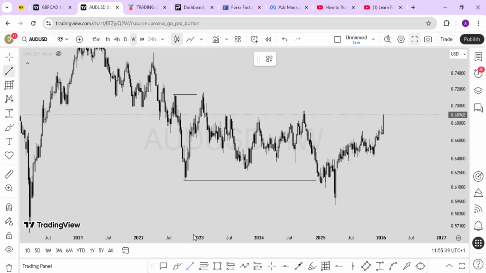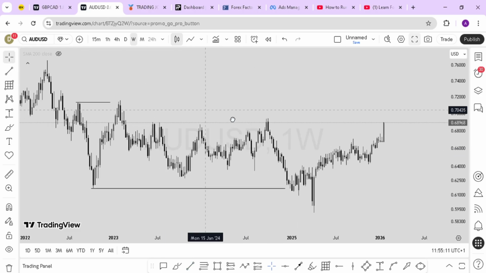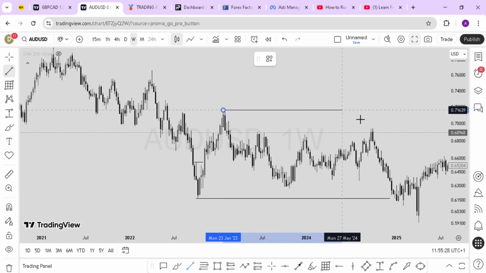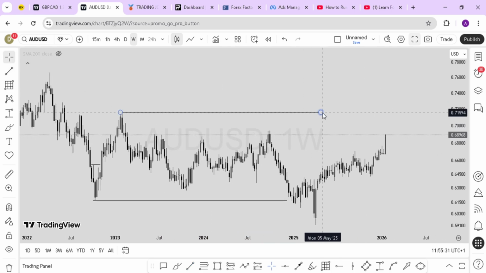Then it means the inducement was taken out. This is the proper inducement, this place, because that's where we had the last valid pullback. You can see the market responded to something here and started dropping, so this will represent our weekly high.